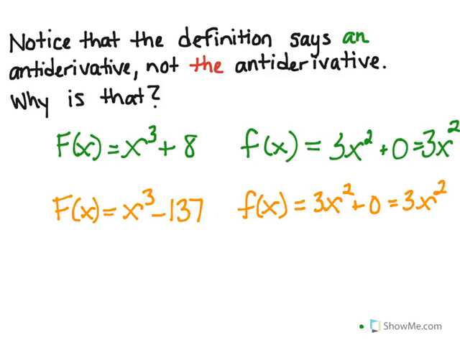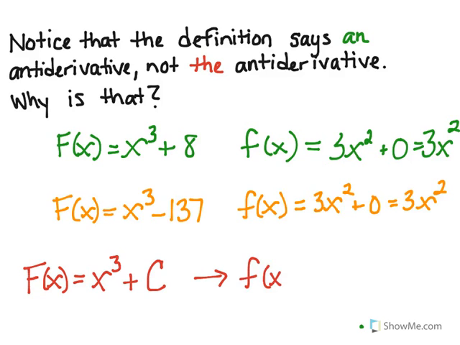So this brings us to a very important discovery. That is, each antiderivative, in this case x cubed, can have some constant added onto it, and it will still give me that little f of x was 3x squared.